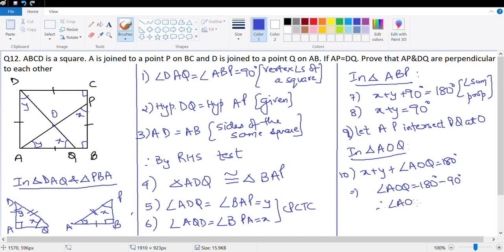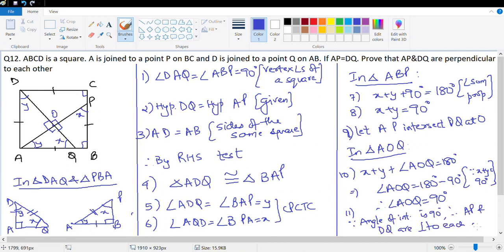Therefore, angle AOQ is equal to 90 degree. This is since X plus Y is equal to 90 degree, which means this angle is 90. Similarly, this angle is 90, this angle is 90, and this angle is 90, which means these are perpendicular to each other. So since angle of intersection is 90 degree, therefore AP and DQ are perpendicular to each other.